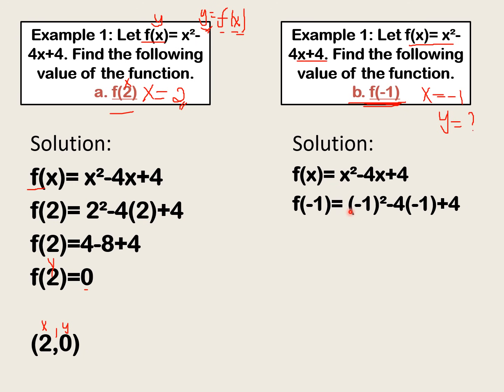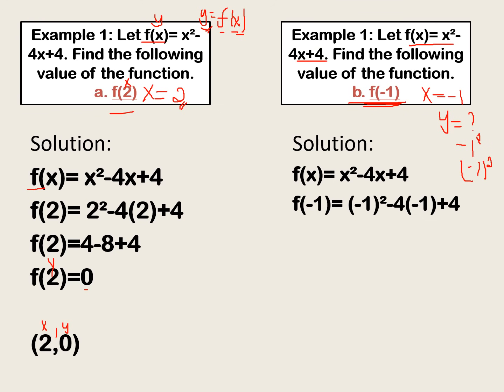Negative 1. Okay, binigyan ko siya ng parentheses, pair of parentheses. It is because included si negative dun sa loob or sa mismong x natin. Kasi, yung iba nagkakamali in using grouping symbols, okay? Kasi iba ang negative 1 squared sa negative 1 na naka-parenthesis then square.